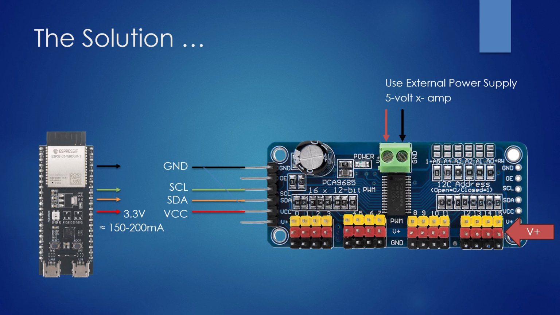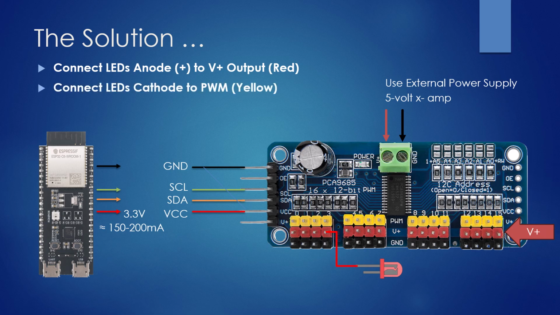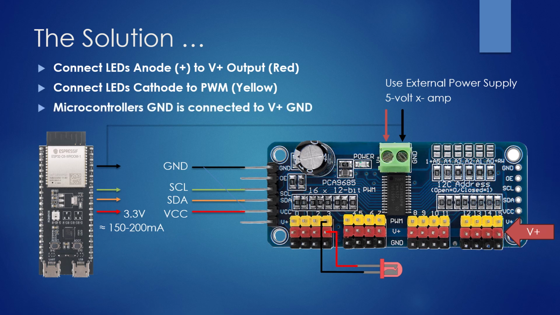For LEDs, a 5 volt external power should be a good choice. Then connect the LED's anode plus to the red V+ output pin. Connect the LED's cathode minus to the yellow PWM pin. Make sure that the ground from the microcontroller has a connection to the external power ground.